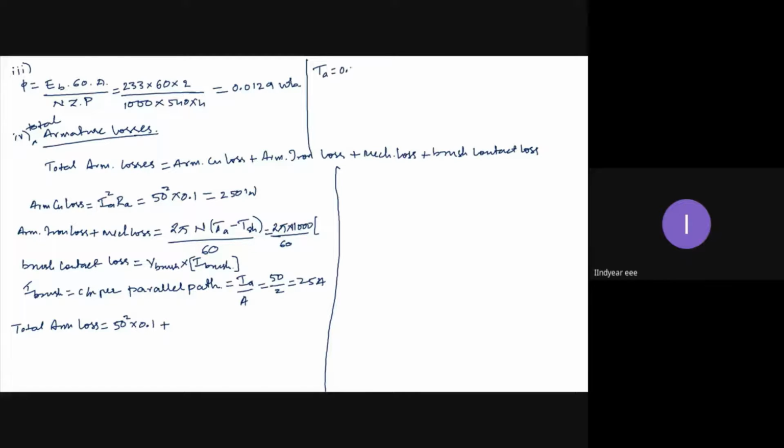So Ta is equal to 0.159 into phi, which is 0.0129, into 540 into Ia 50 into 4 by 2. This is equal to 110.75 Newton meter.